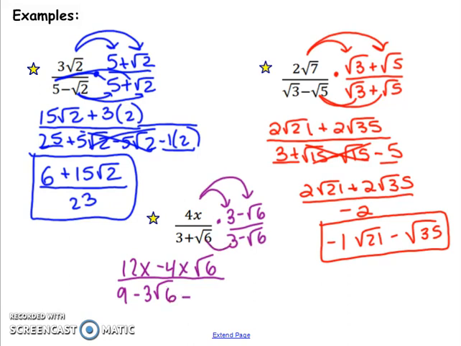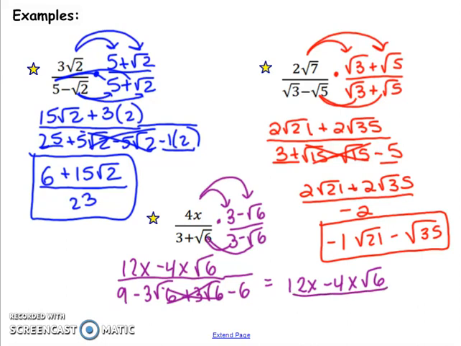Radical 6 times 3 is positive 3 radical 6. Radical 6 times negative radical 6 is minus 6. Again, these will cancel. The top can't add together since the 12x doesn't have a radical 6 with it. So we're going to keep it as 12x minus 4x radical 6. On the bottom, we have 9 minus 6. So that's going to give us 3.